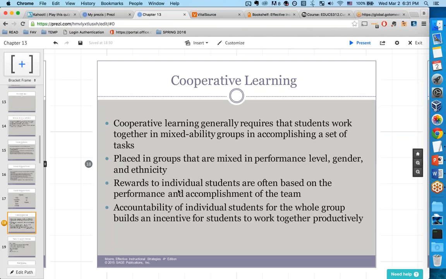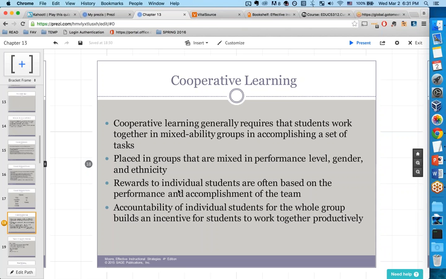Placing students in a group environment, or dividing a class into several groups and having them work on something, doesn't mean that this is cooperative learning. Cooperative learning is much more structured and generally requires that students work together in heterogeneous, or mixed ability, groups, and they do have a set of tasks to complete.